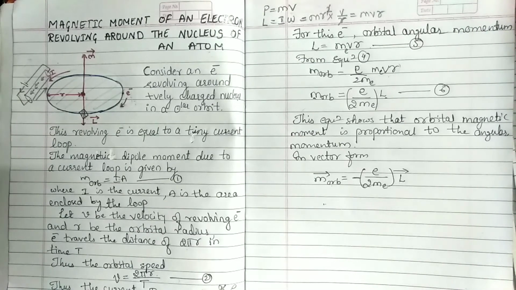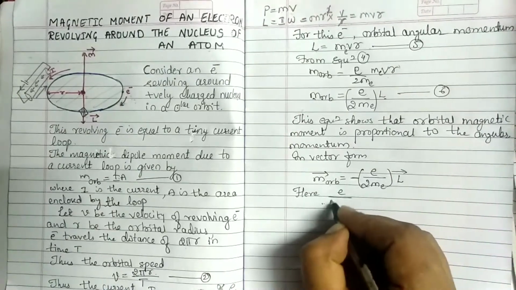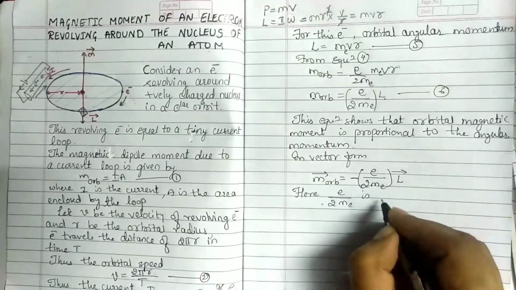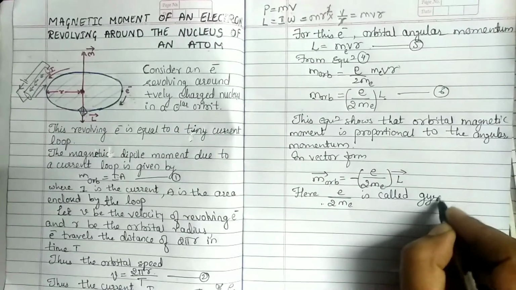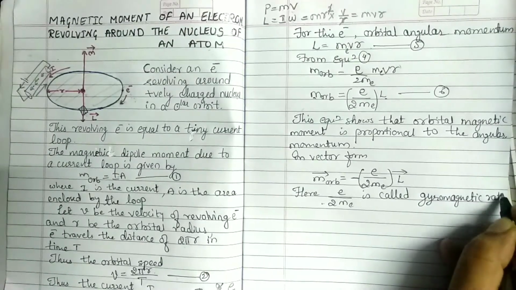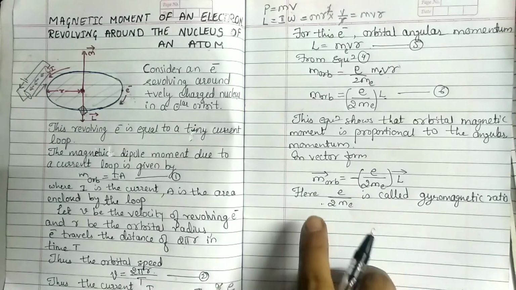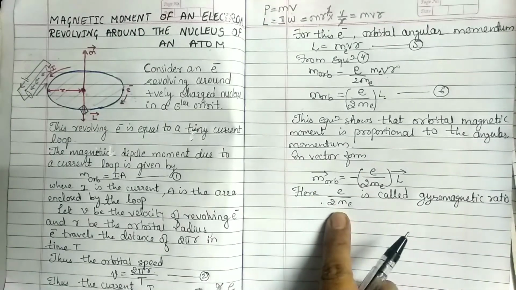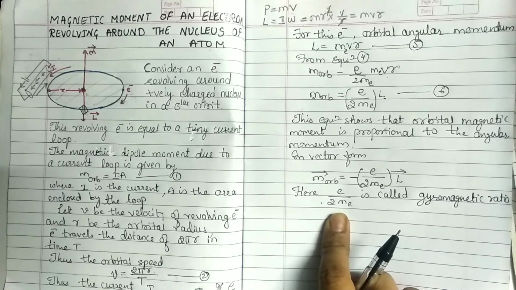So the bracket quantity E by 2me is called the gyromagnetic ratio. It is called the gyromagnetic ratio. Very important. 1 mark questions can be asked based on this formula. 1 mark numericals can be asked based on this formula in boards.